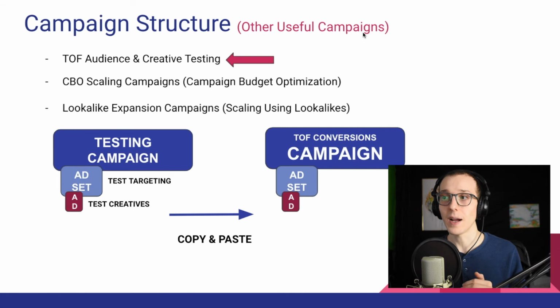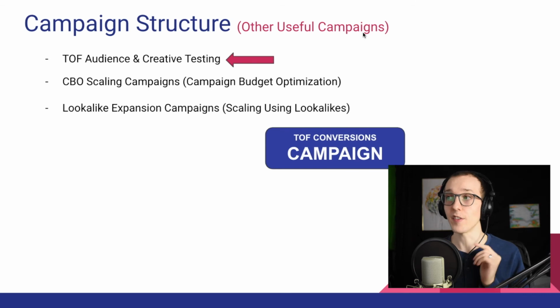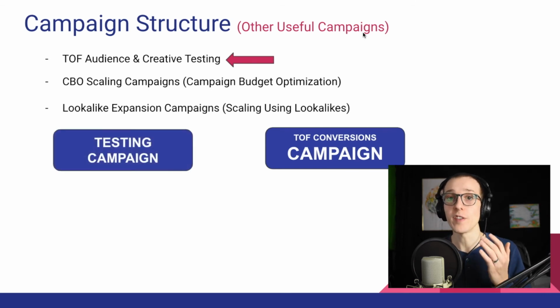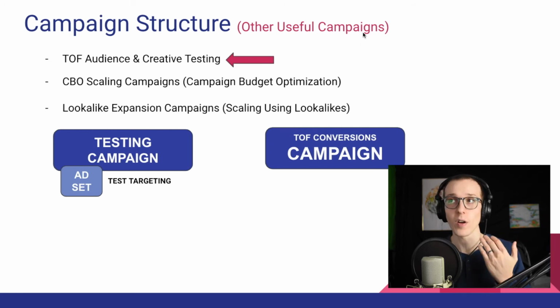Another thing to keep in mind here is that if you're new, instead of starting with a conversion campaign, you should start with a testing campaign anyway. So your first campaign is going to be a testing campaign. So it's a top of funnel conversion campaign that you are going to start testing audiences and creatives in, all right?